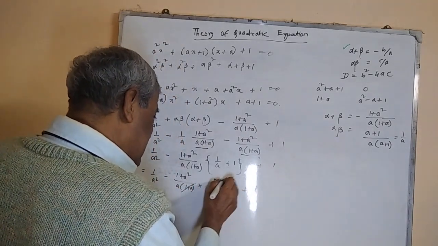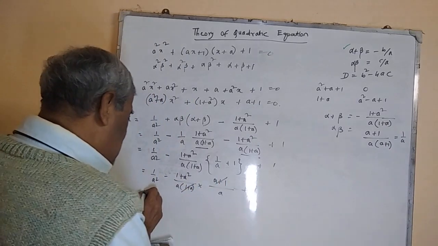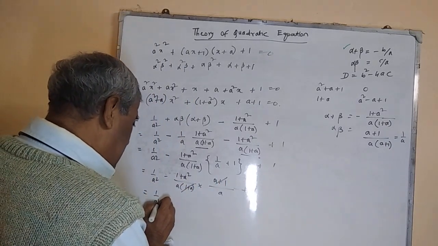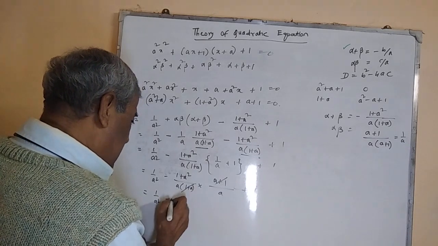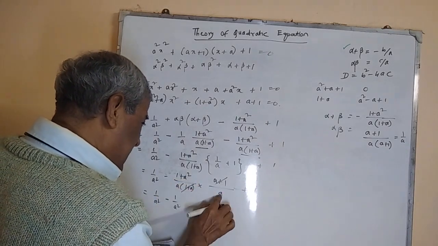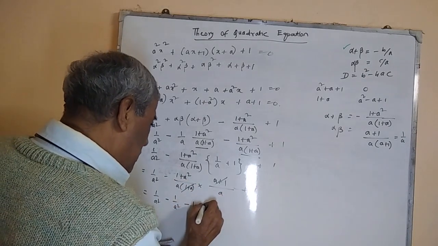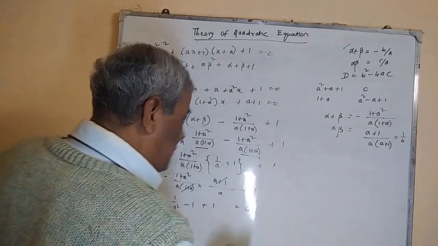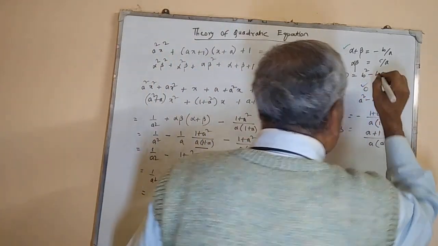After simplification, this part cancels, so it is 1 by a square minus 1 by a square, then a square by a square minus 1 plus 1. So it is 0. So the second option is correct.